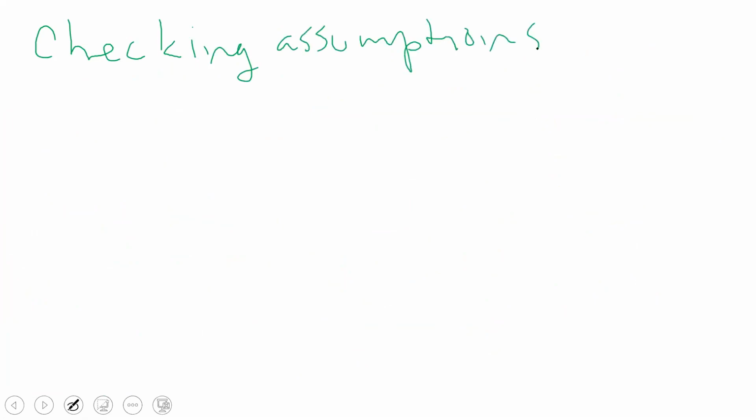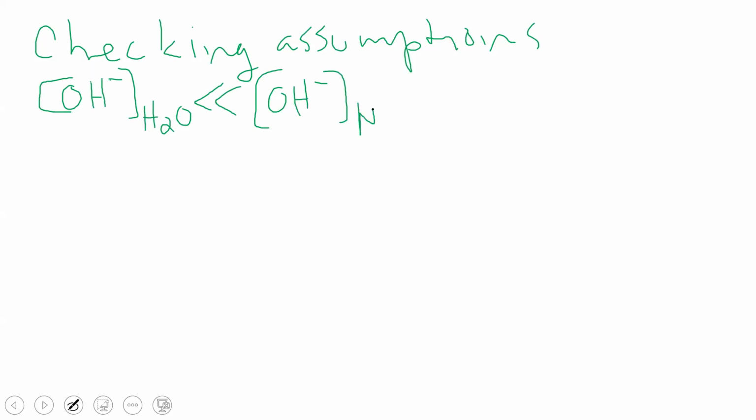So we have two assumptions to check. The first assumption to check is that the concentration of hydroxide from the autoionization of water has to be much less than the concentration of hydroxide from the base. Okay, that's the first one.